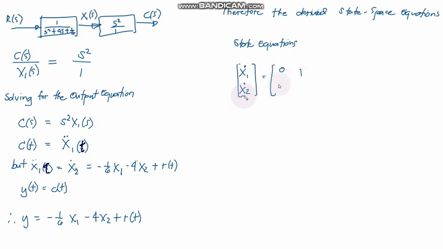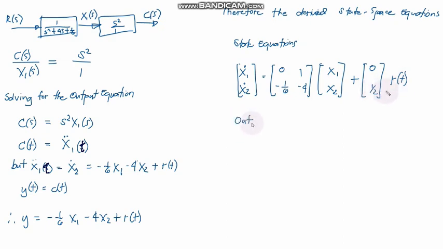Okay? So, x1 dot, x2 dot will be equal to 0, 1, negative 1 over 6, negative 4, plus the B, which is equal to 0, and actually it's 1. If you recall from earlier, it's 1, not 1 half.